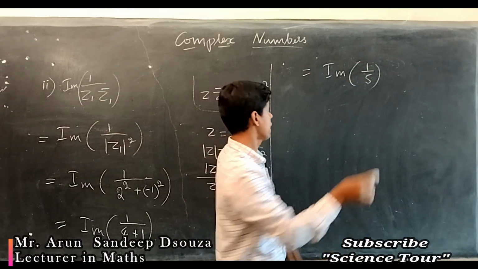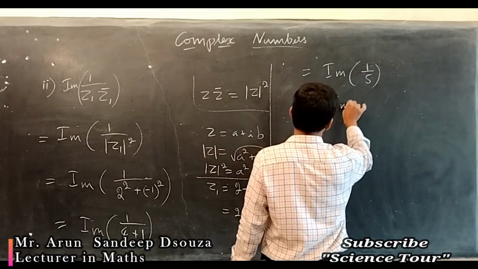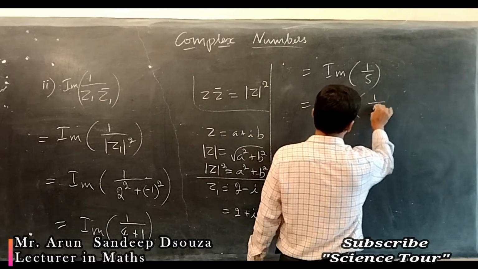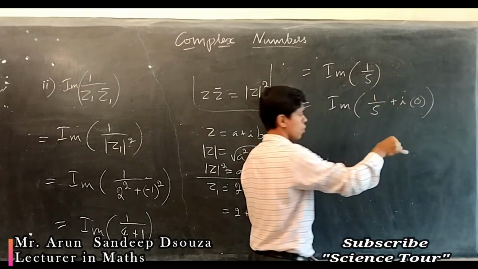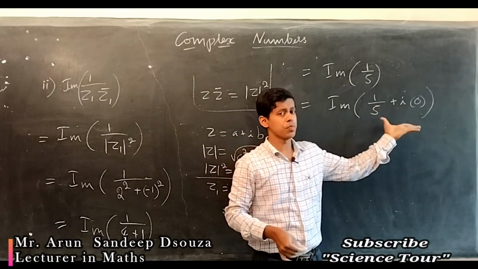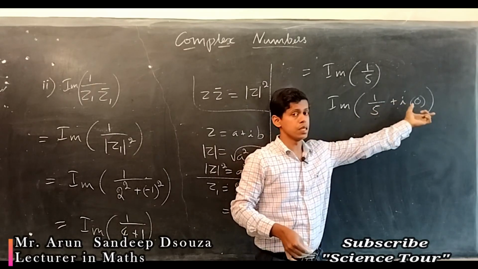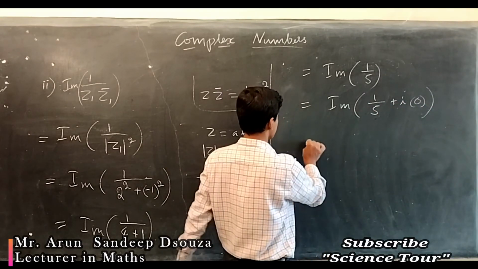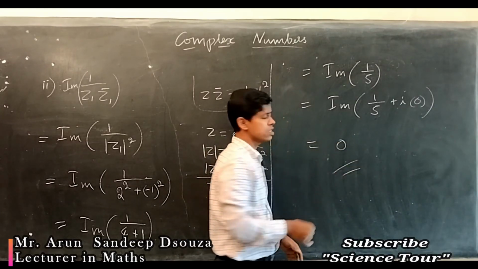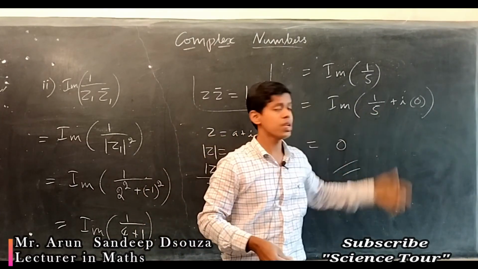If you did not understand, I will write it this way: imaginary part of 1 by 5 plus i into 0. Now did you understand what the imaginary part is in a plus ib? Imaginary part is b actually. So what is the imaginary part of this? 0 is the imaginary part of this complex number.